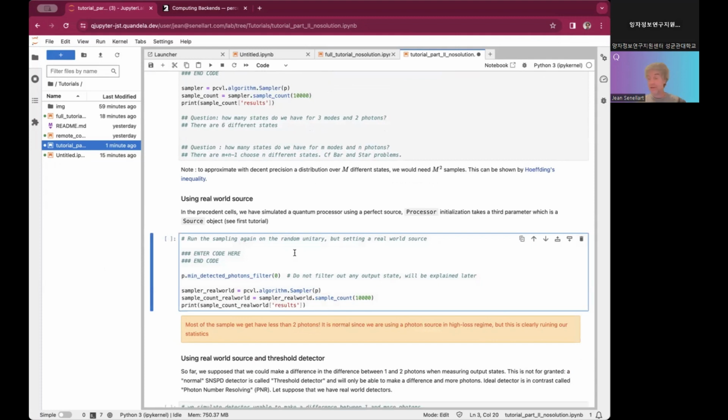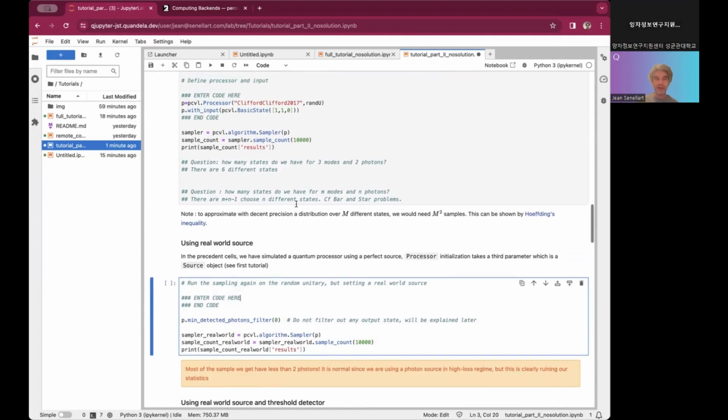I'm letting you put that together. The source object will be the last parameter of the processor. So you just need to define a real-world source as we did yesterday, and modify your definition of the processor like that.